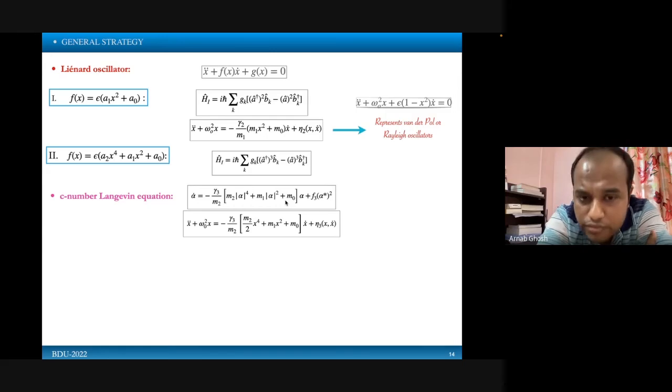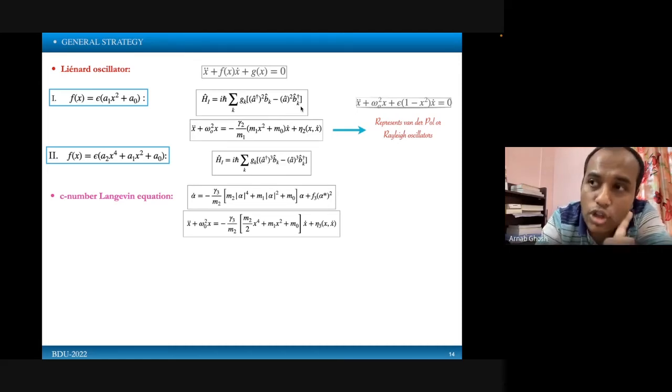And what we have found, as I presented, is that both the van der Pol and the Rayleigh oscillators are obtained from the same C-number Langevin equation, or if you like, the same interaction Hamiltonian under mean field descriptions.